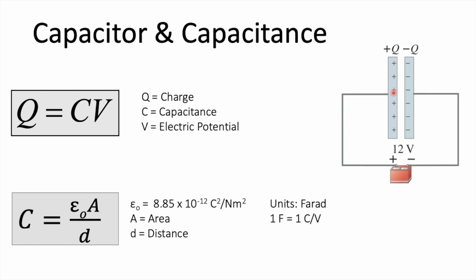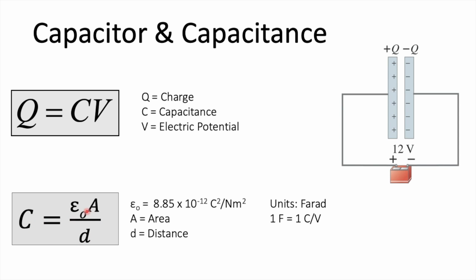The capacitance of the capacitor is a function of the geometry of the capacitor. So the capacitance C depends on the area of the plate and the separation distance.